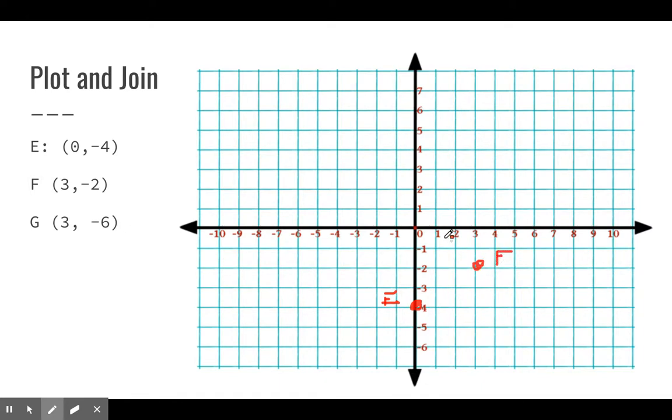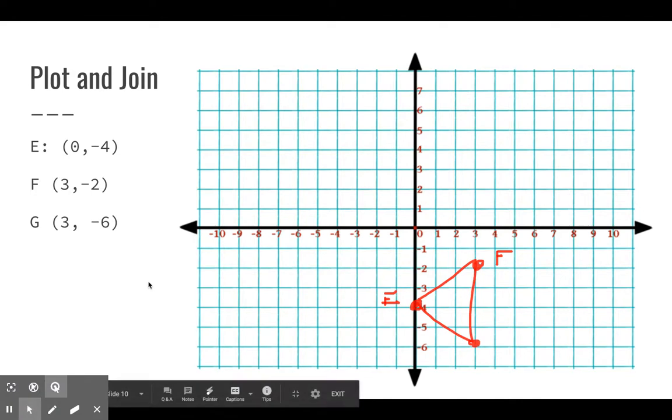And G is at 3, -6. And I'm going to bring that down here. I'm going to go ahead and join them. And I end up with a triangle. So I plot the points, I join them together, and I end up with a triangle.